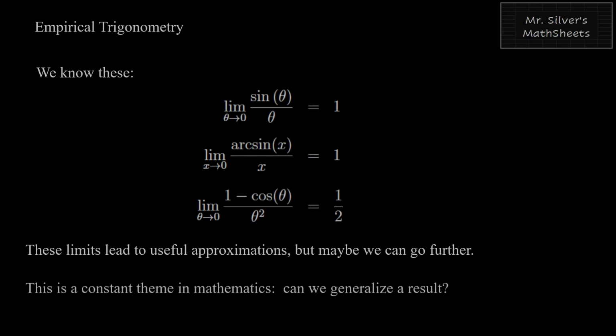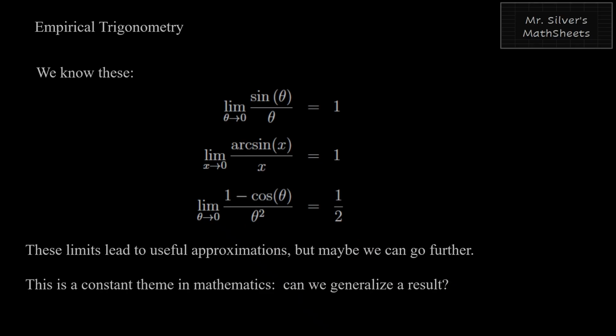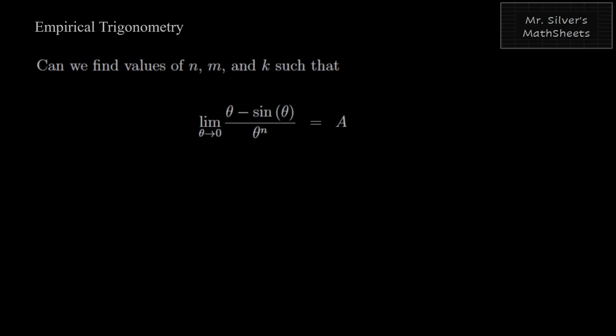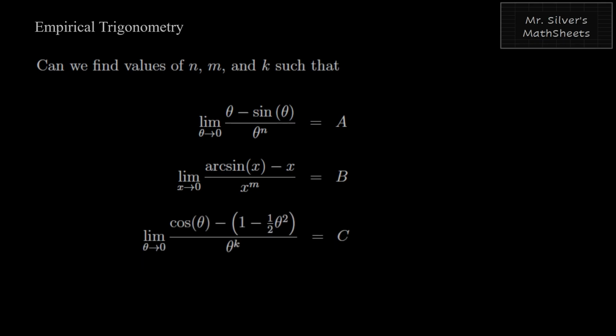So these are useful, but a constant theme in mathematics is, can we generalize these results? Can we go further? So we're going to try to find n, m, and k such that these relationships approach useful limits like a, b, and c, where a, b, and c are non-trivial constants.